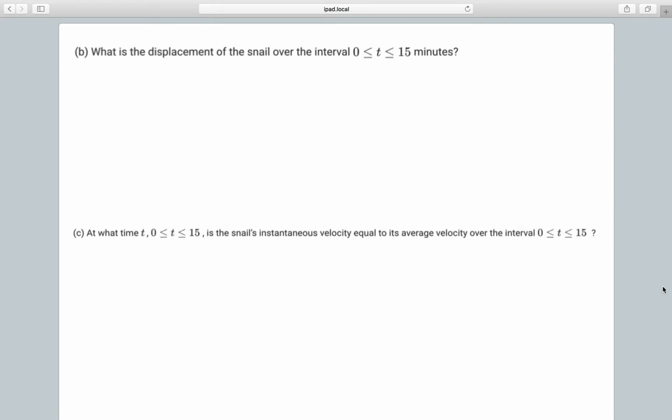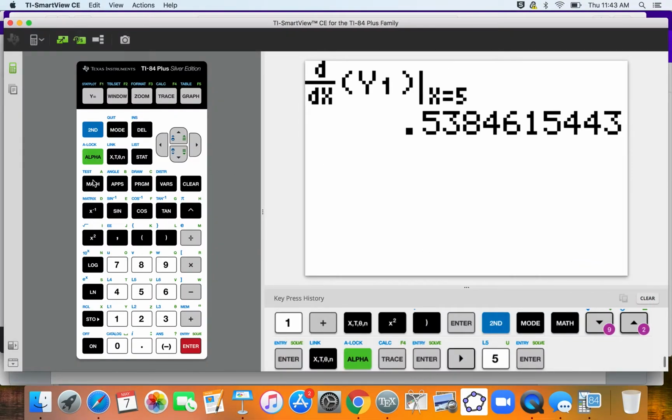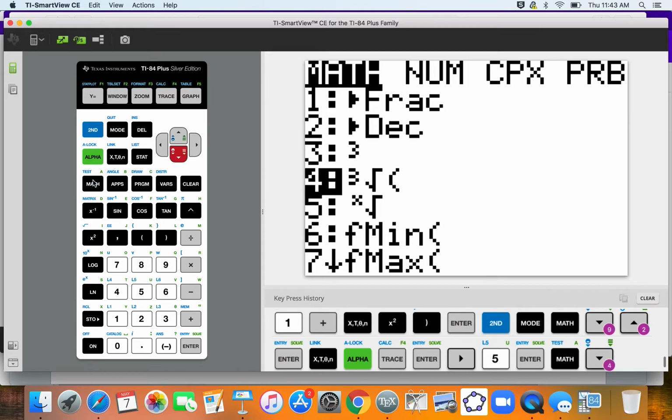All right, what is the displacement of the snail over the time interval 0 to 15 minutes? So for that one, displacement, we just want to integrate from 0 to 15 my velocity function, which once again can be done in the calculator. So I'm going to go back to math, and now we're going to use the fnInt.